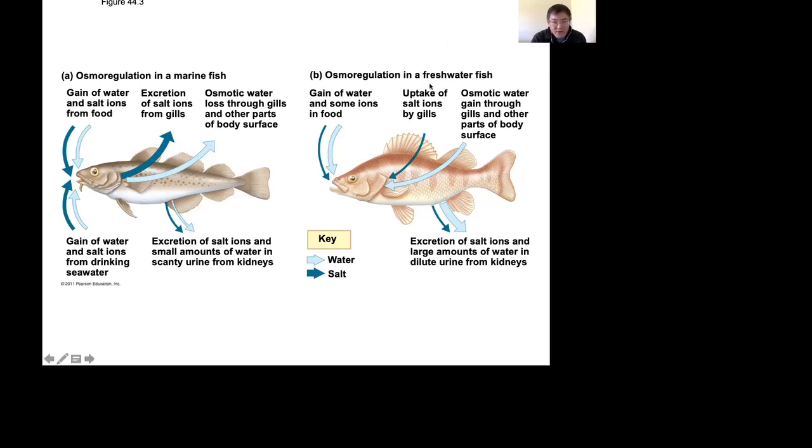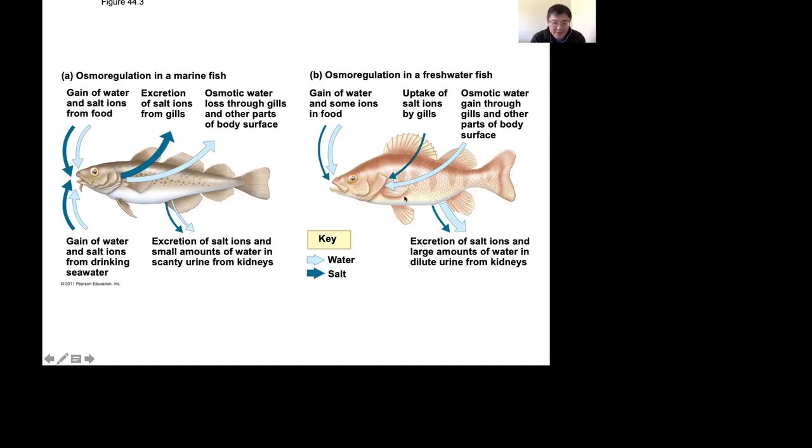However, for freshwater fish, since these fish take in too much pure water, their gills can absorb salt from the water into their body. Also, their skin can absorb salt back into their body to keep more salt in their body.